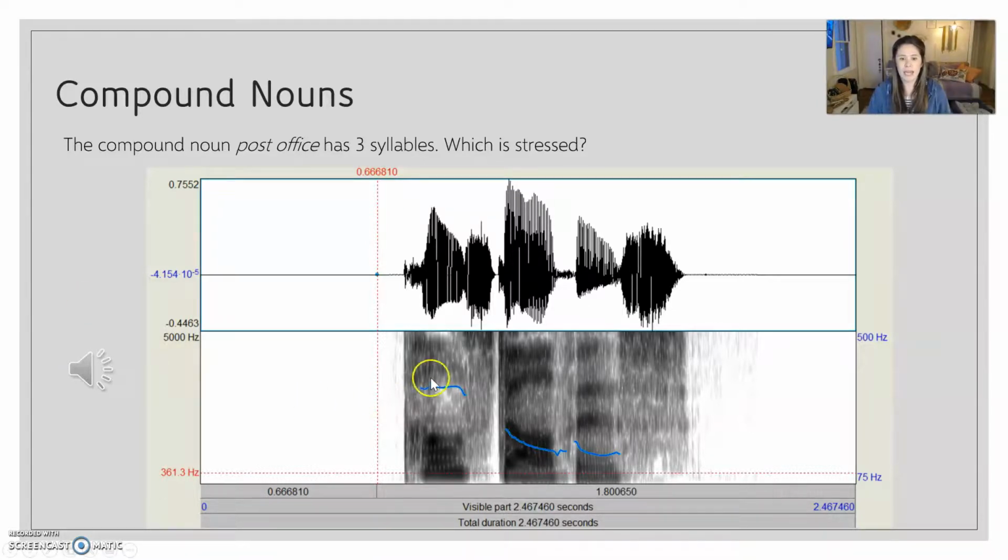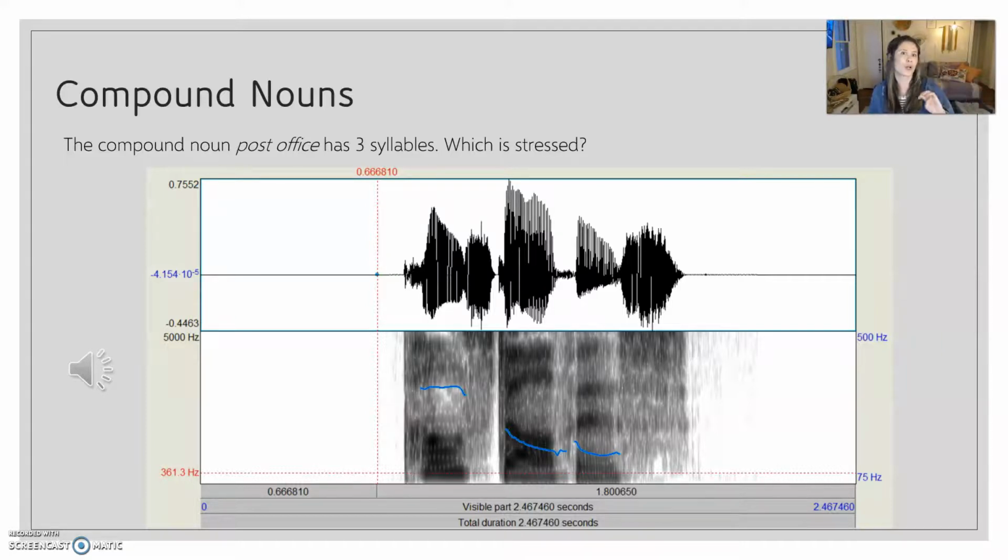Now, in this case, the word post, our first word in this compound, only has one syllable, okay? If it's a word like identity, which has four syllables, then we know that in identity theft, the first word is going to be stressed. We don't stress every syllable of that first word. We only stress the one syllable.